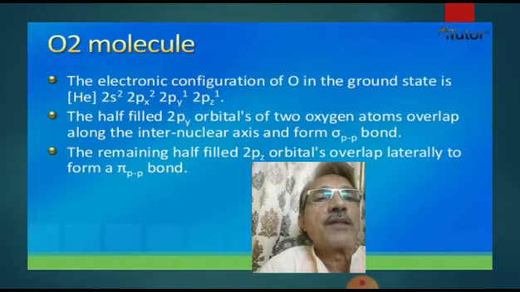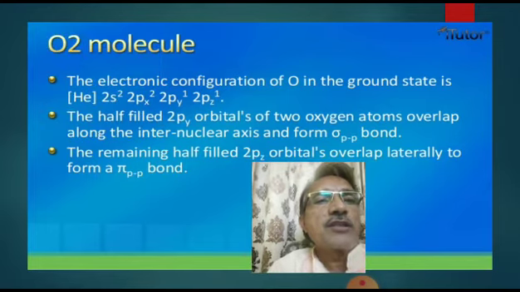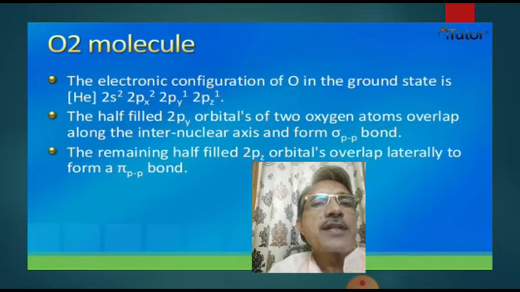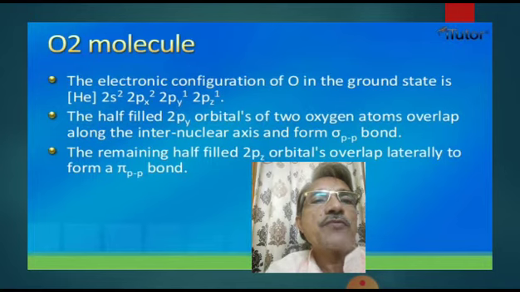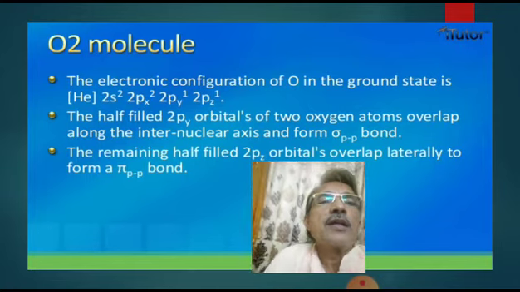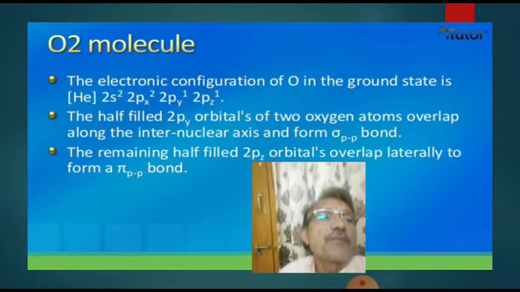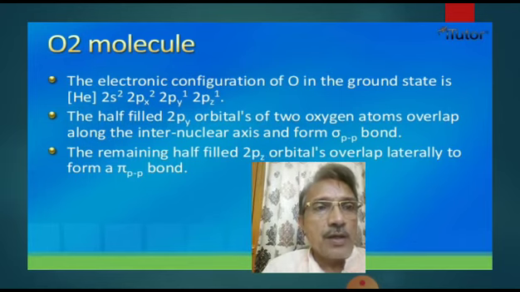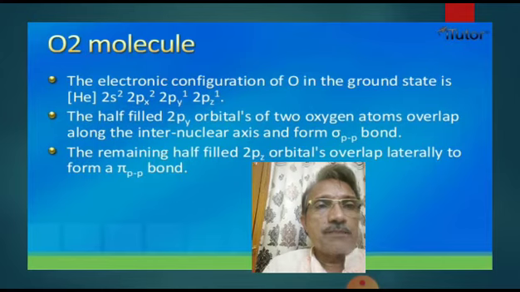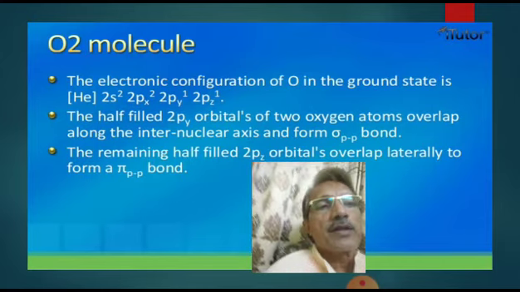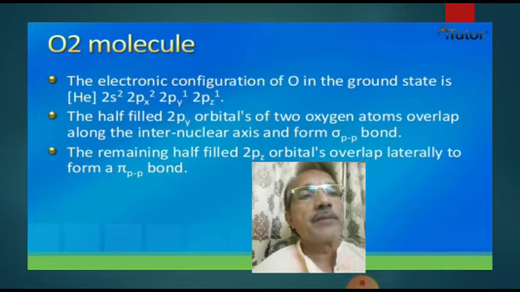Formation of O2 molecule. The electronic configuration of oxygen in the ground state is helium 2s2 2p4, that is 2px2 2py1 2pz1. The half-filled 2py orbitals of two oxygen atoms overlap along the internuclear axis and form a sigma pp bond.